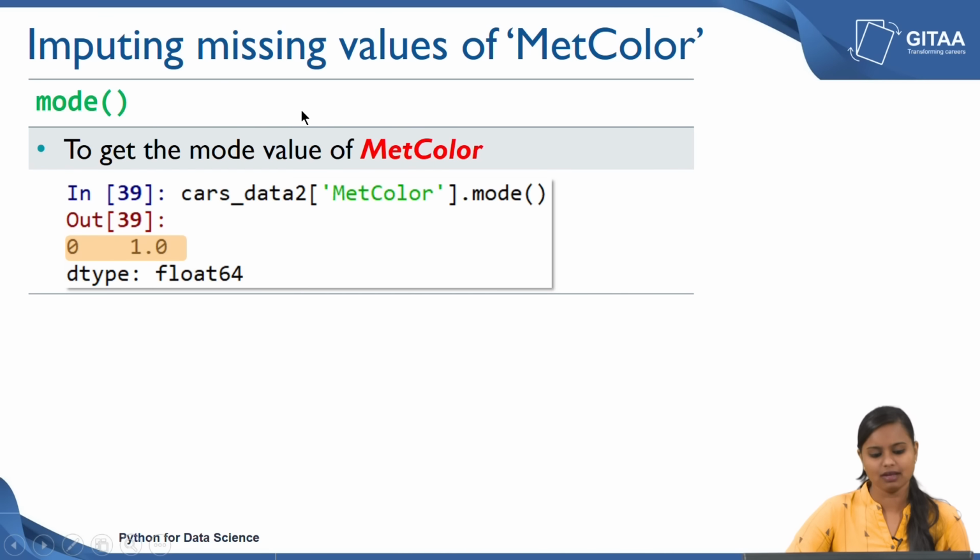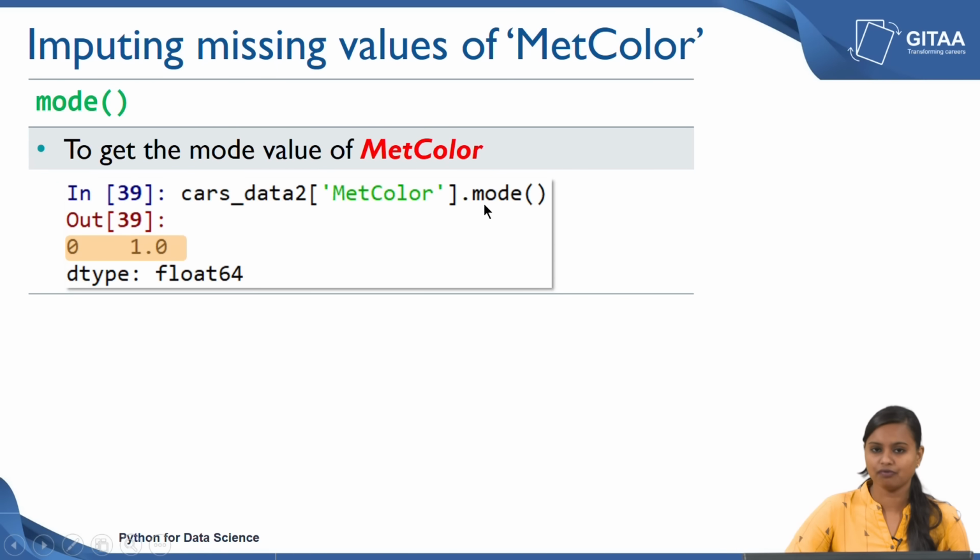In the previous example, we have seen how to fill in the missing values using value underscore counts and accessing it from the index. Now, we are going to use the mode function to calculate the modal value of the categorical variable. So, to get the mode value of the met color, we can use the data frame, access the respective variable and then use the function dot mode.